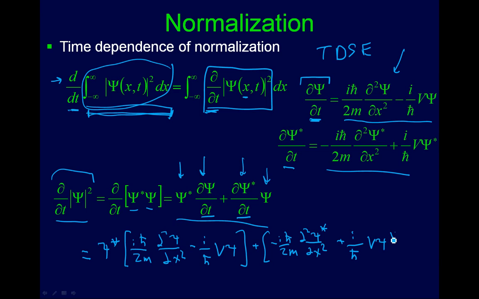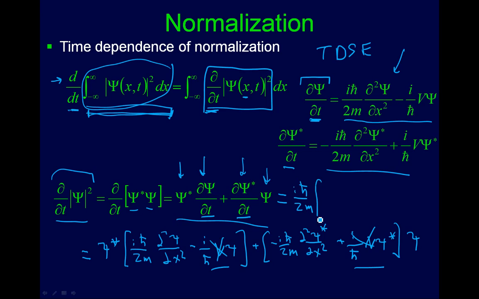Now what we find is that these two pieces are going to cancel out, because they're dealing with the exact same piece on either side. One's positive and one's negative, so those two pieces exactly cancel out. I'll be left with these two pieces. I'm going to pull this constant out, i h bar over 2m.